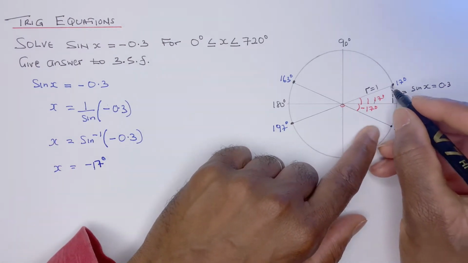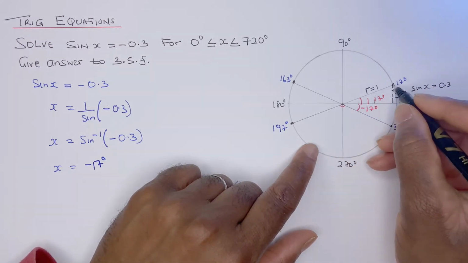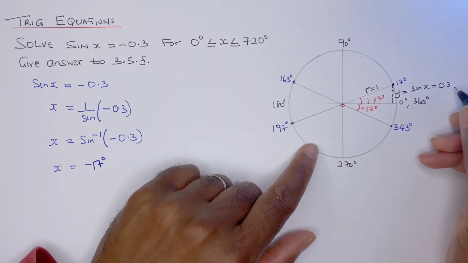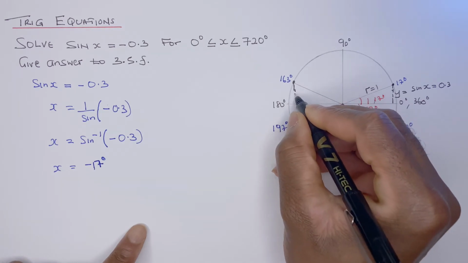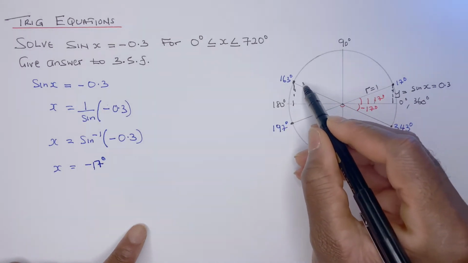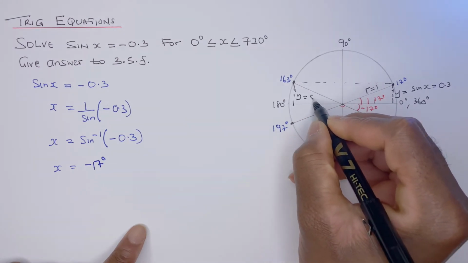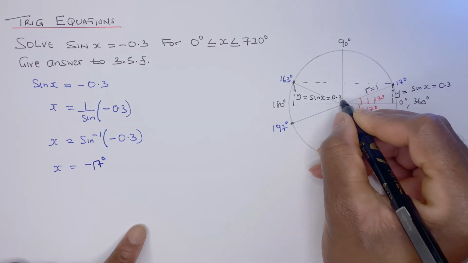But here, because this is positive y, from 0 to there, that's y, that's 0.3. If you extend that down, because that line corresponds to that line, y is also equal to sine of x, and that is also 0.3.